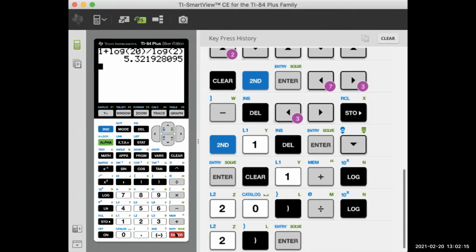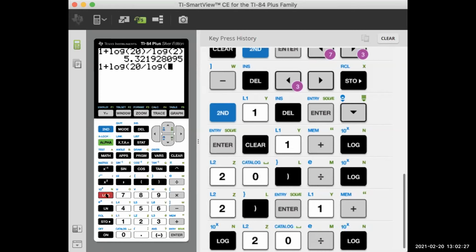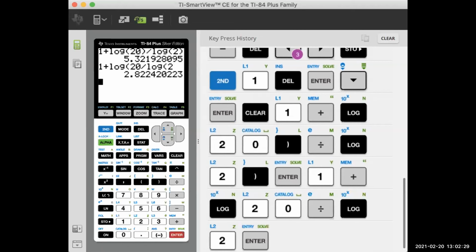I bet you I know what you're doing. Let's see how you got this. You did 1 plus log 20 divided by log 2. Ah, that's the error. Parentheses error. So that's wrong. It should be 5. So do it again.